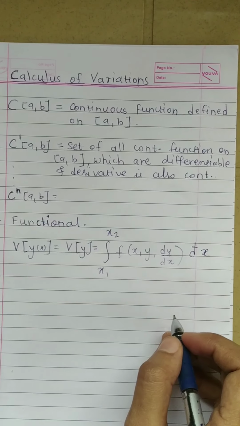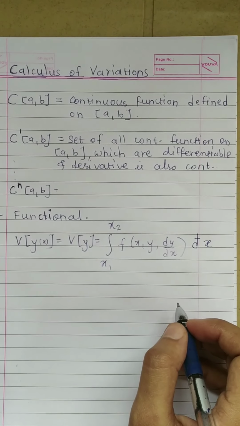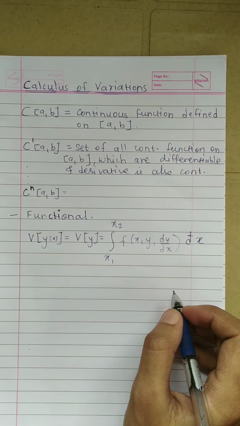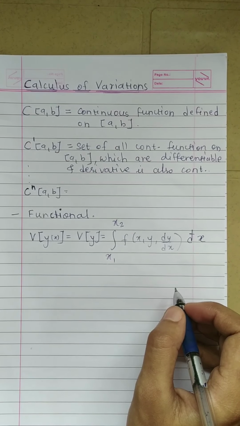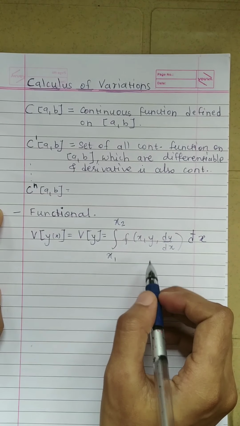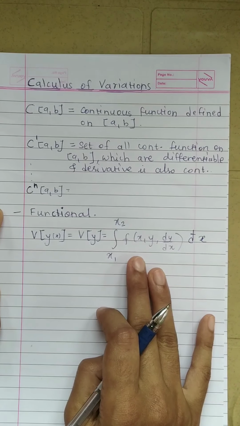Okay, so now in this calculus of variations we will be coming across such a quantity many times. In fact, what we will be doing is we will be trying to solve this. Okay, and this is called a functional.